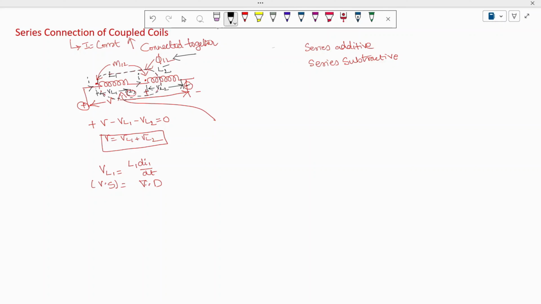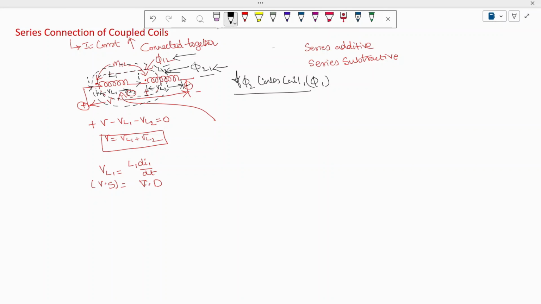There is also some flux which travels from the second coil to the first coil, which links coil 1; this is called phi 21.